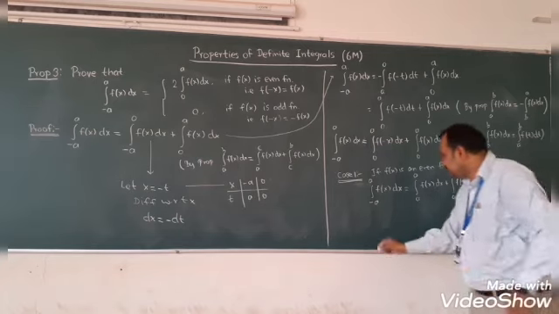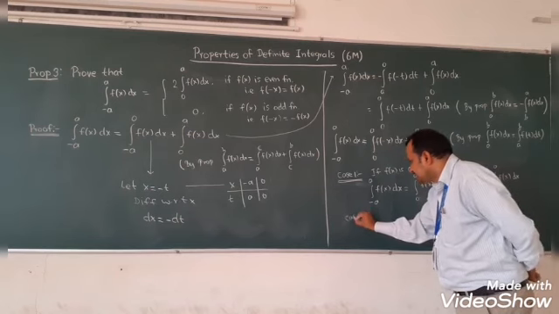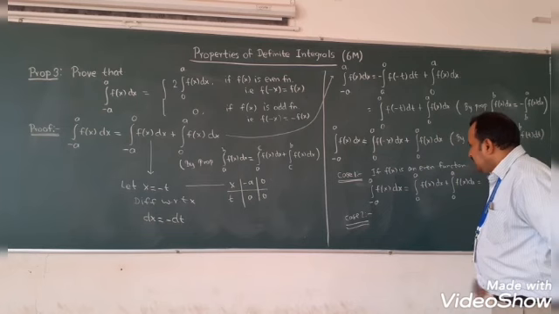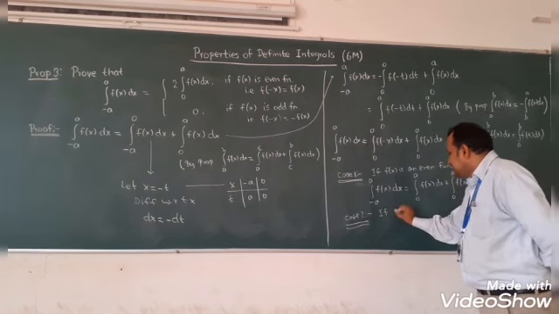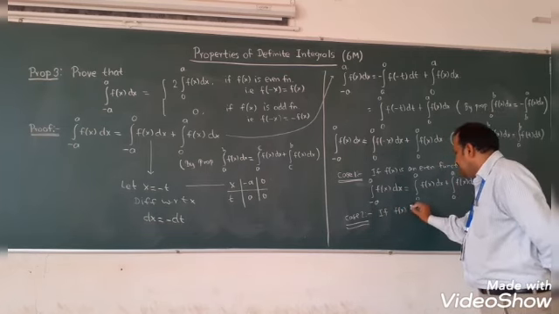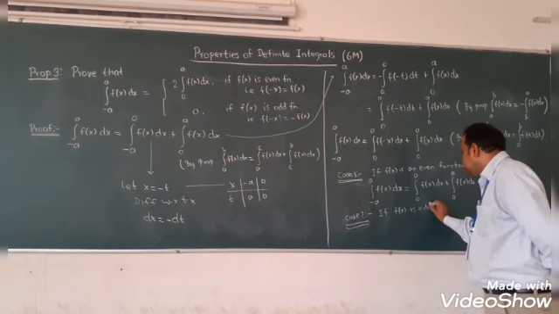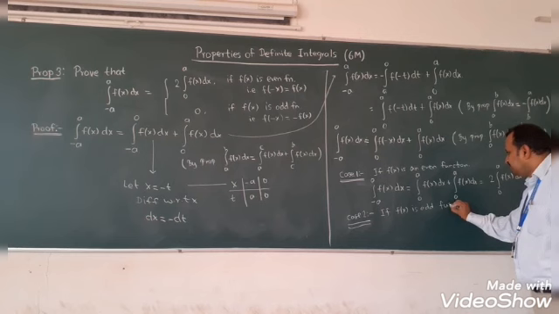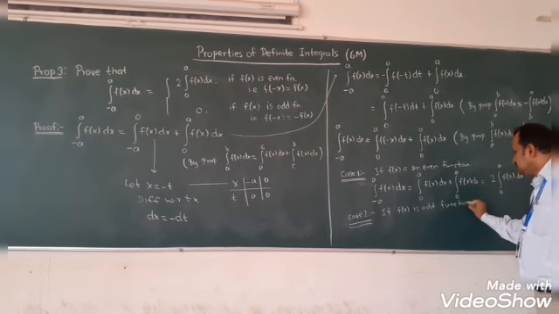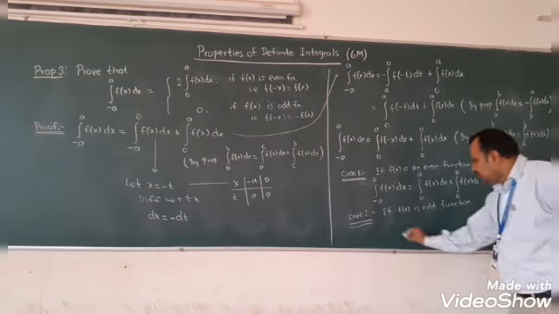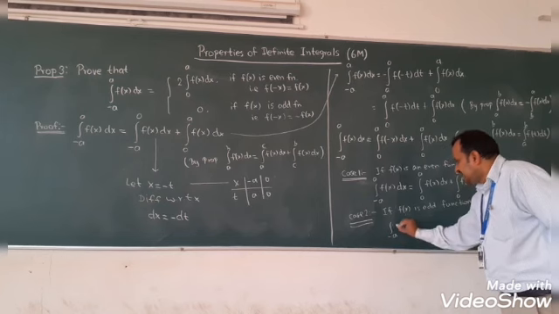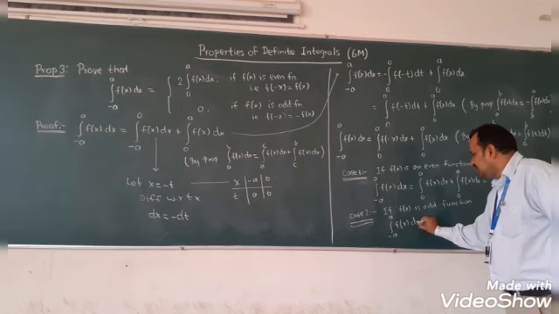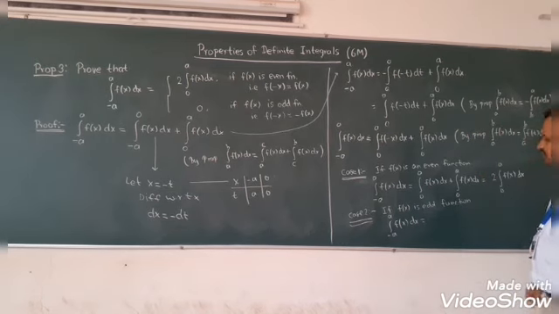Next, case 2. If f of x is an odd function, so what you will get here? So can I say integral minus a to a f of x dx is equal to, what is the condition for odd function?